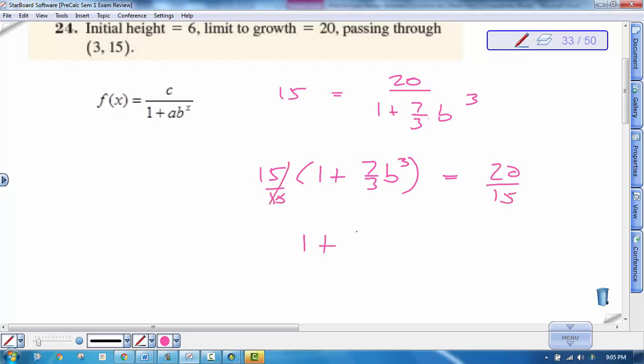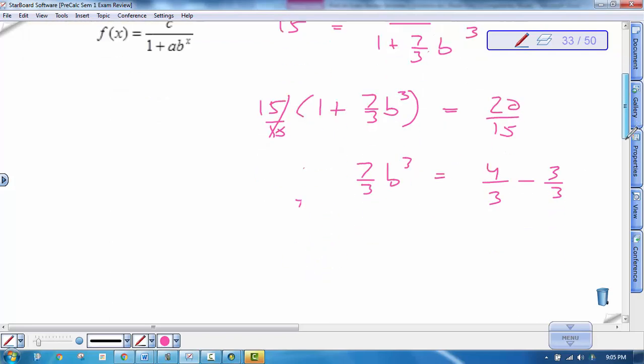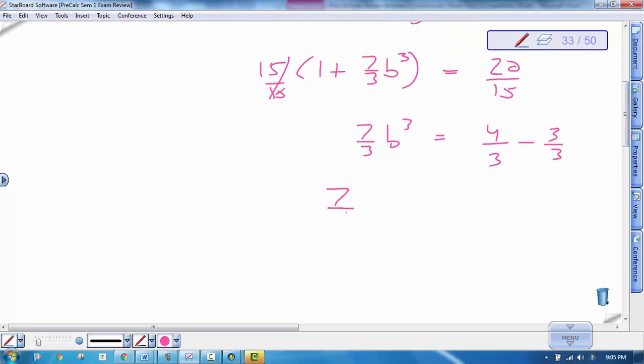I have 1 plus 7/3 b cubed equals 20 over 15, which is 4/3. Subtract 1 from both sides, and that's really 3 over 3. So that'd be 7/3 b cubed equals 1/3.